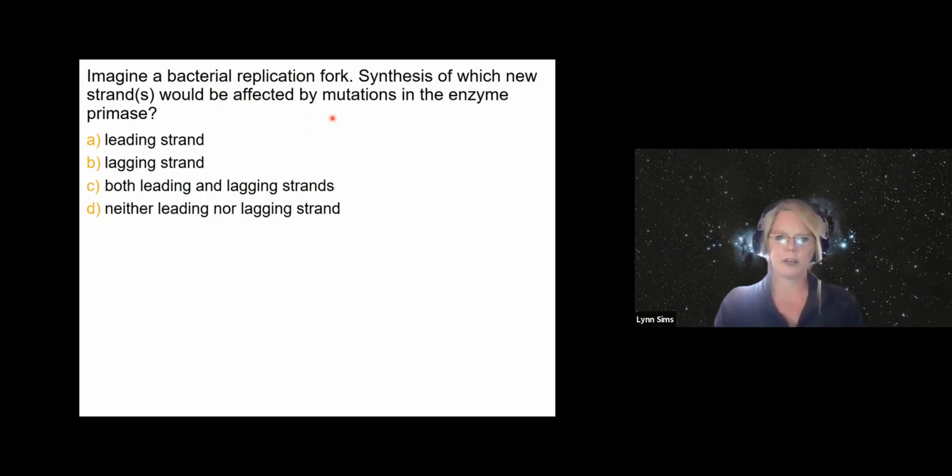I know you just learned about it, but these are types of questions which get you thinking. It's not asking you what's the function of primase. It's asking you another question where you have to think about the function of primase in order to answer that question.